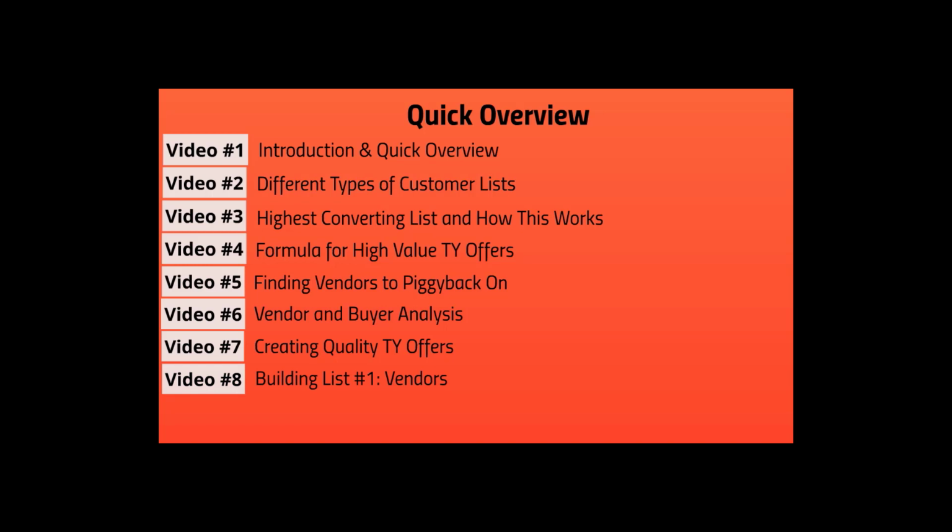So after everything we've talked about in the previous areas, we're going to talk about actually building the list as far as vendors go. And as you're waiting for vendors to say yes, we will talk about building a list as an affiliate in video number 9. All right, so now that you understand the basics, let's jump right in and talk about the different types of lists.